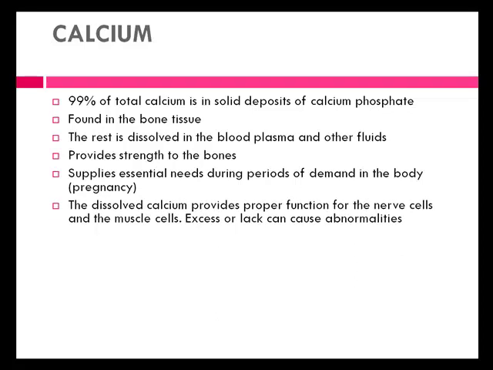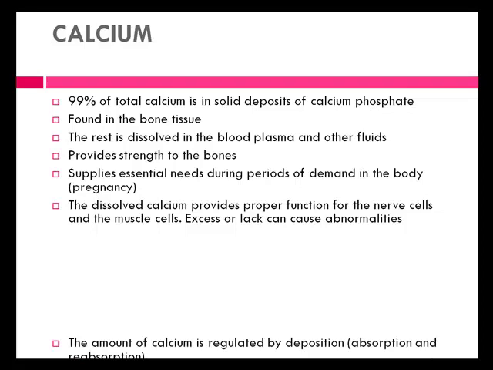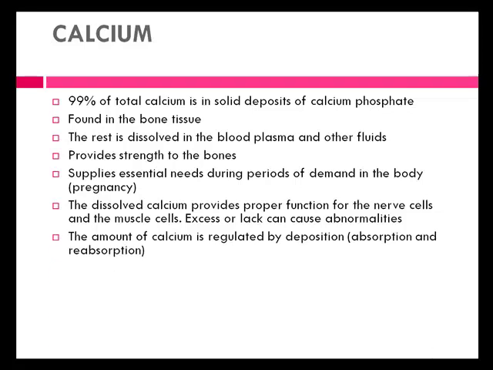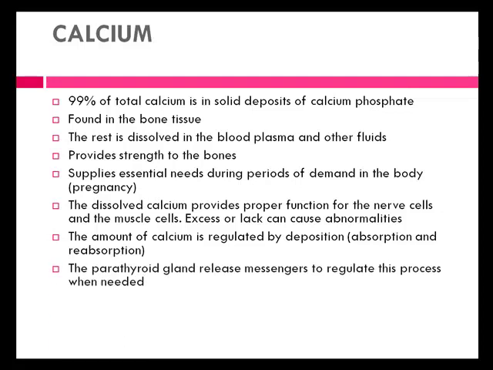And the dissolved calcium provides proper function for the nerve cells and muscle cells, and an excess or lack of it can cause abnormalities. Now, the amount of calcium is regulated by deposition and reabsorption, and the parathyroid gland releases messengers to regulate this process when needed.